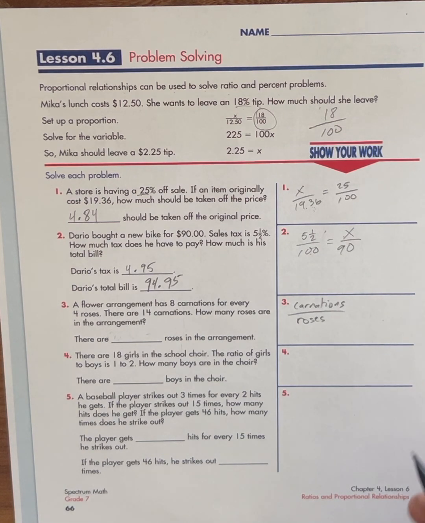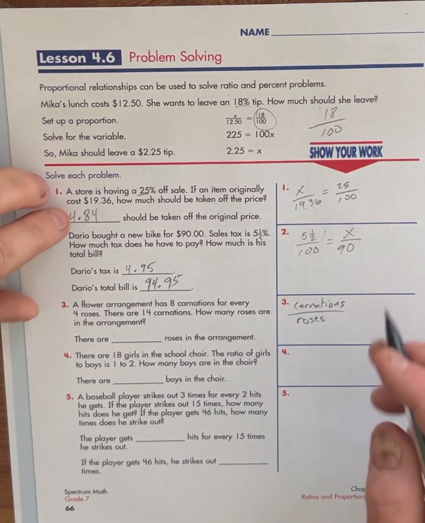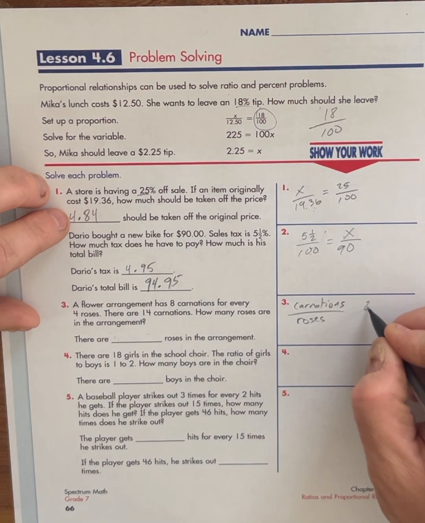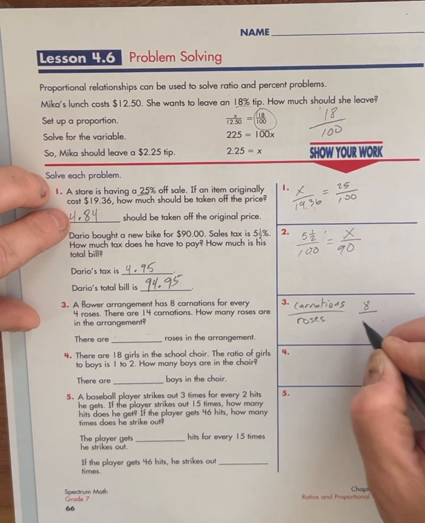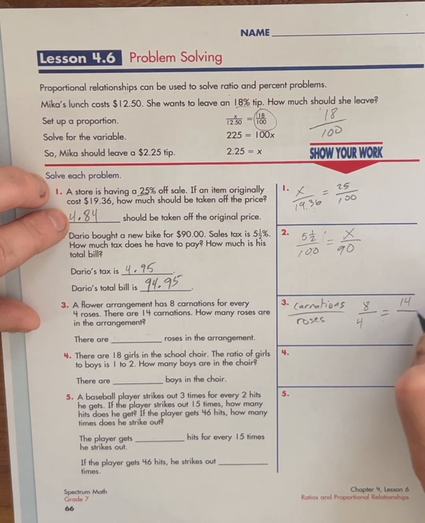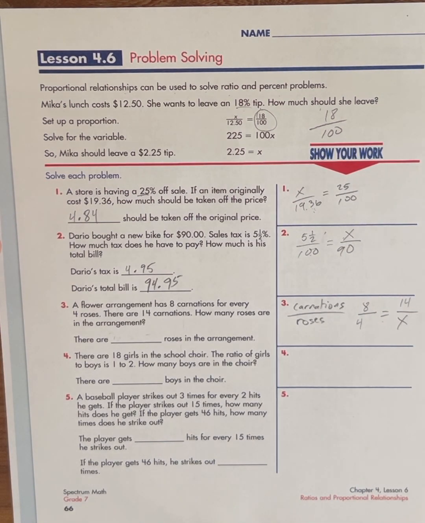So the flower arrangement has 8 carnations for every 4 roses, and that's equal to 14 carnations over we don't know how many roses.